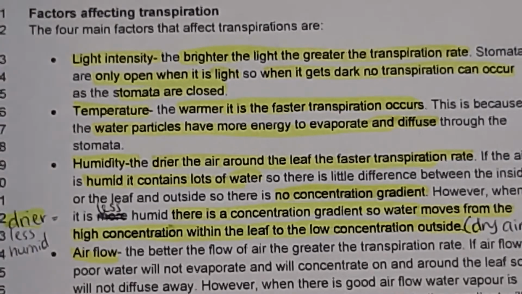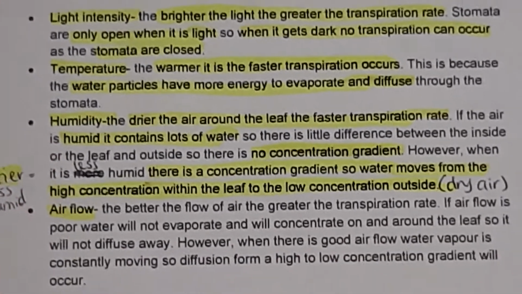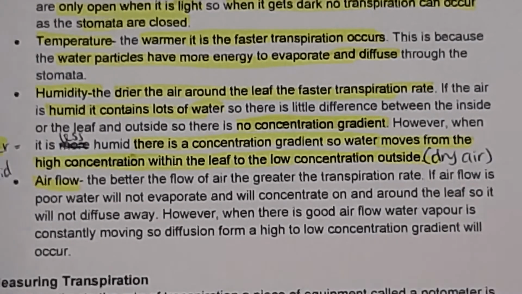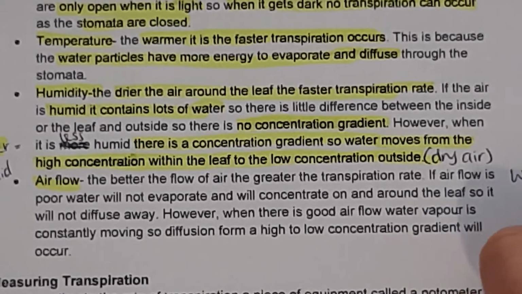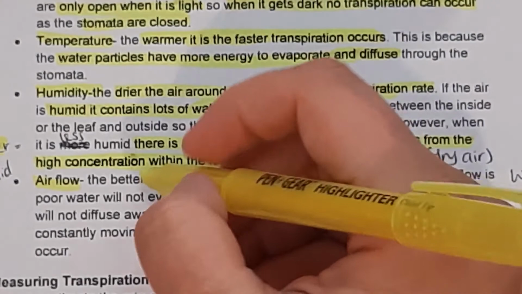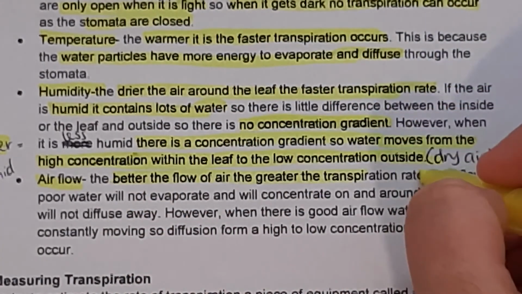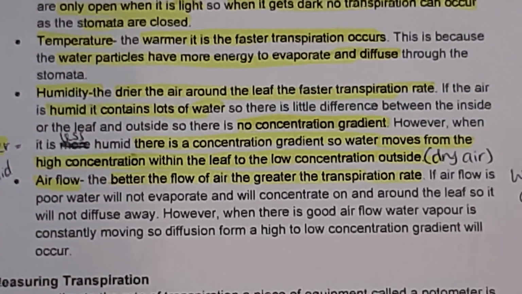And lastly, airflow. The better the flow of air, the greater the transpiration rate. So airflow is about wind, essentially. So the better the flow of air, so the windier it is, the greater the transpiration rate. If airflow is poor, so typically inside a building, then water won't evaporate and it will concentrate on and around the leaf so it won't diffuse away.